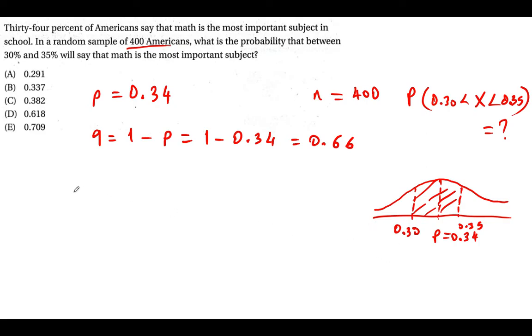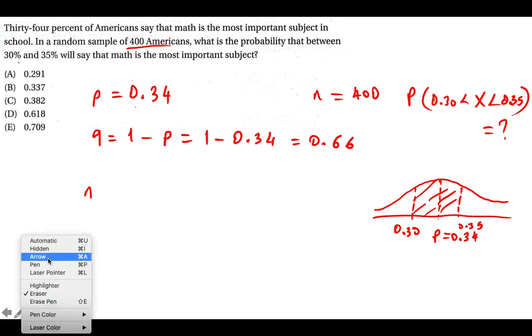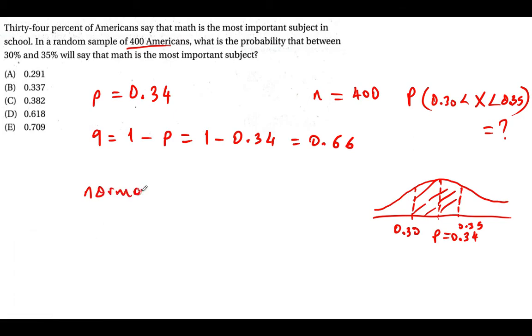To find this area, I can use Normalcdf. Let me clean this better with the eraser. So I can use Normalcdf, but lower bound is 0.30, upper bound is 0.35. My proportion, which in the calculator could be regarded as the mu, 0.34, comma, and I have to be careful here with the standard deviation.